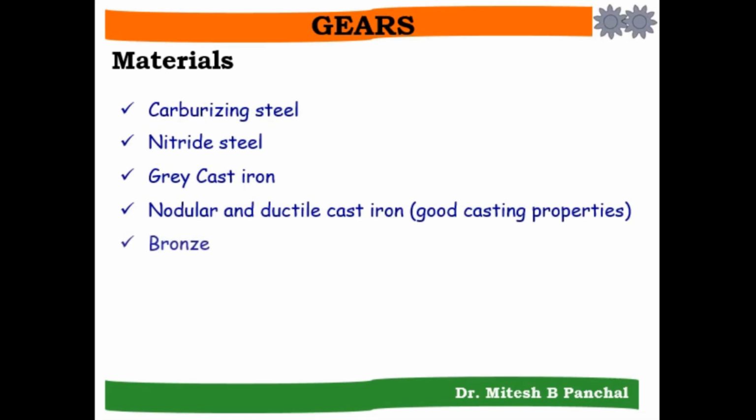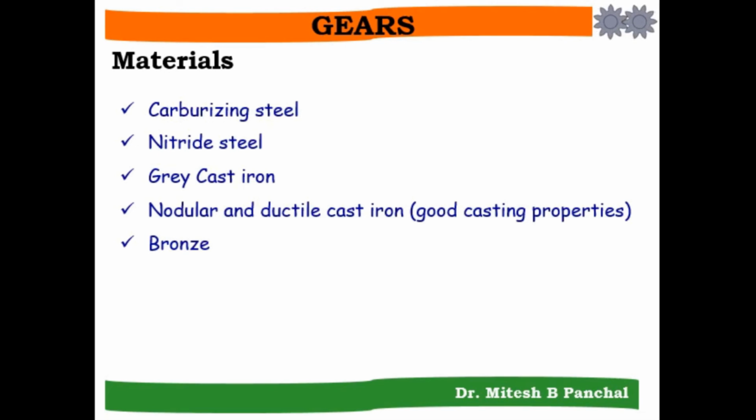Another is bronze. Bronze is used for low power transmission. Where we require low power transmission, we can go for bronze. Generally, smaller gears for low power transmission capacities are made of bronze.